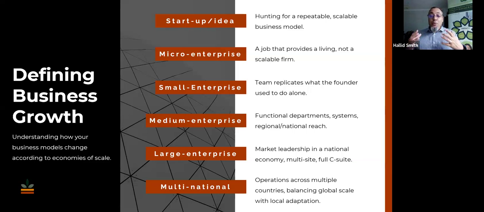What that means is that businesses might need to pivot, might need to change, might need to diversify, try new things. And as a micro, small, or medium enterprise, we are able to do that far quicker than a big company, right? And that is a huge advantage for us.